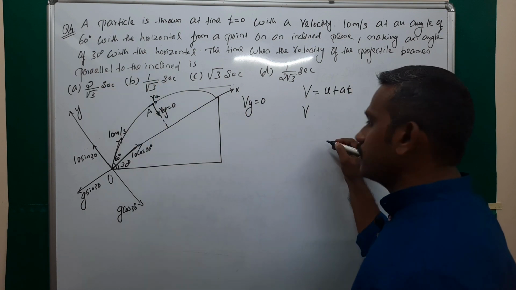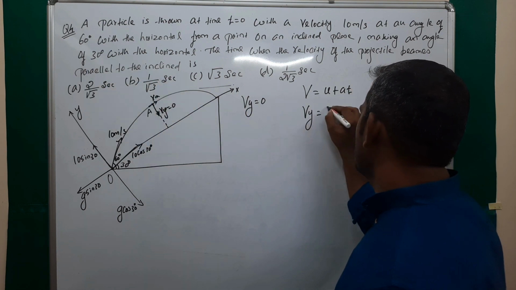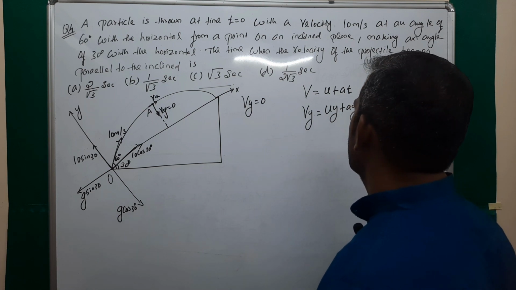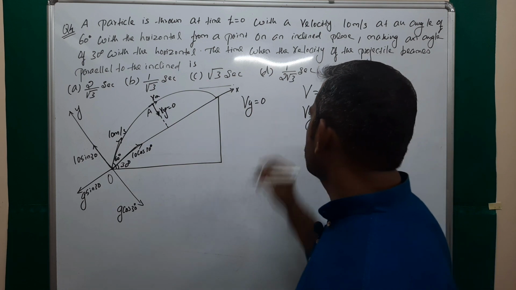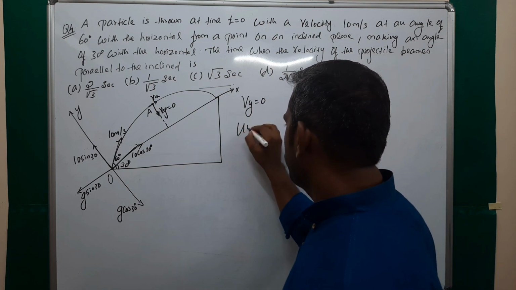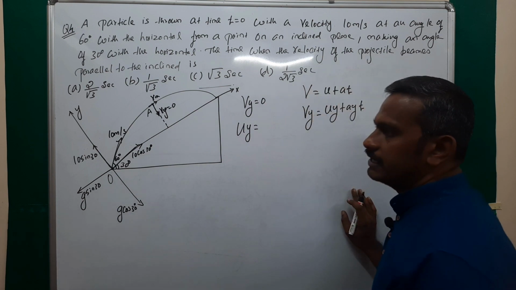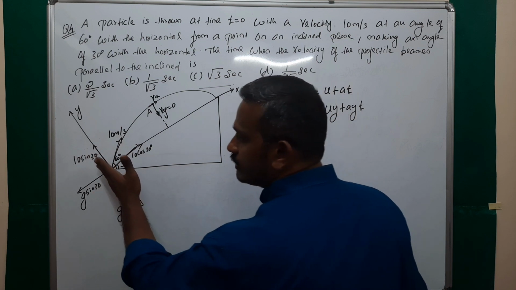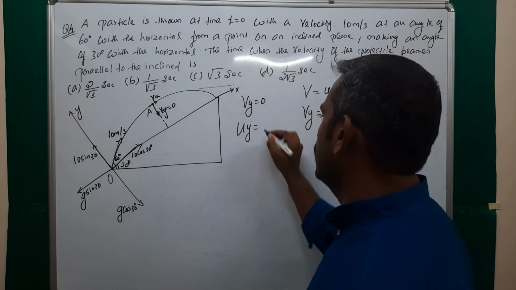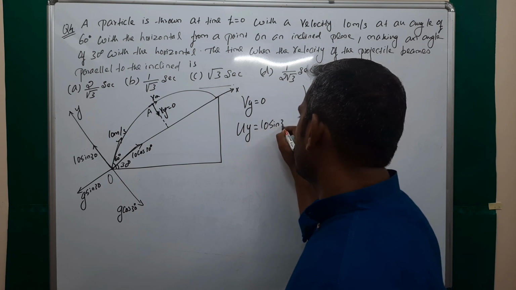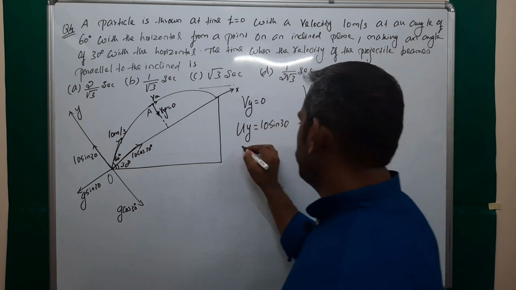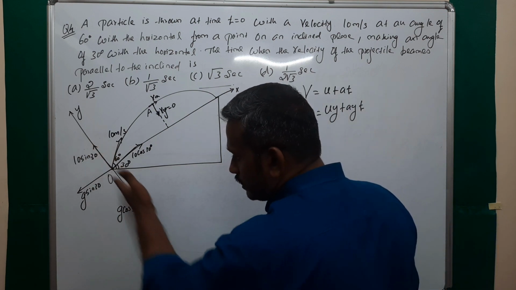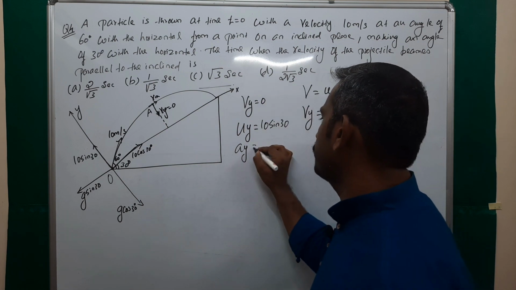For the vertical component, Vy is equal to Uy plus Ay into t. Uy, the vertical component of the initial velocity, is 10 sin 30. Ay, the acceleration in the vertical direction, is g cos 30.